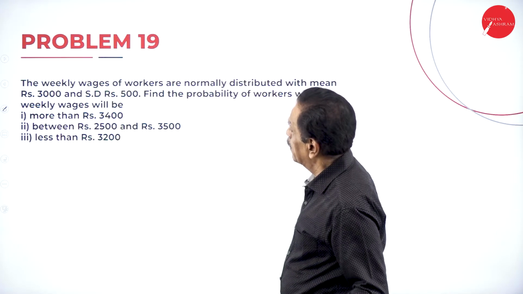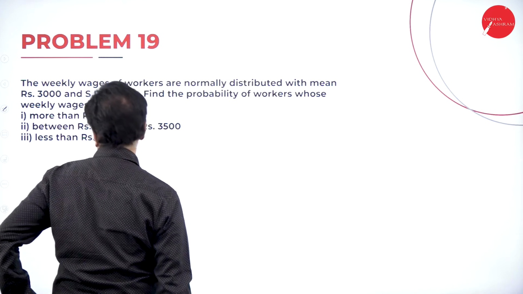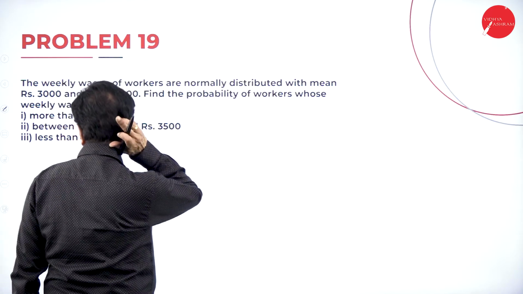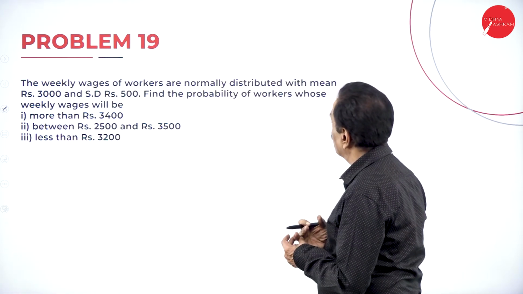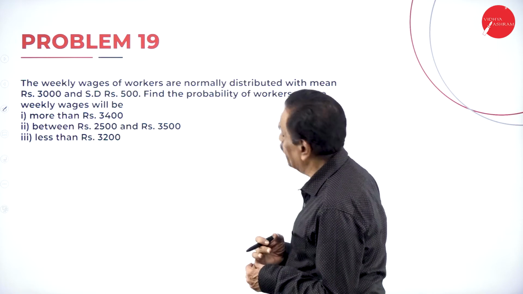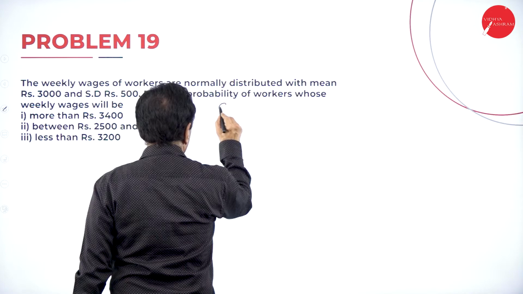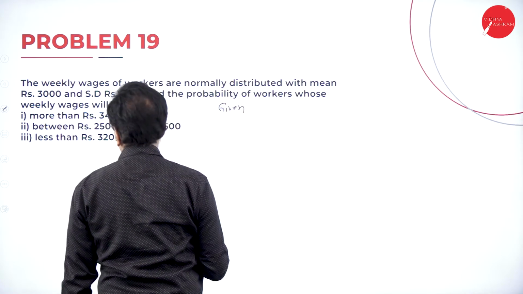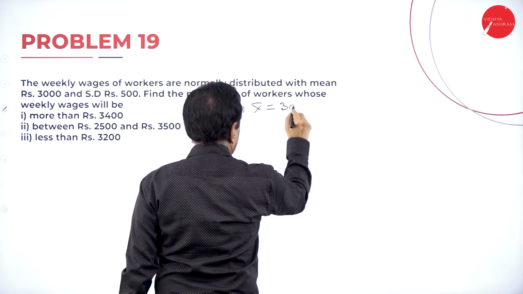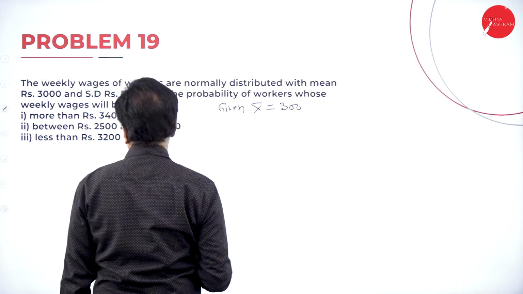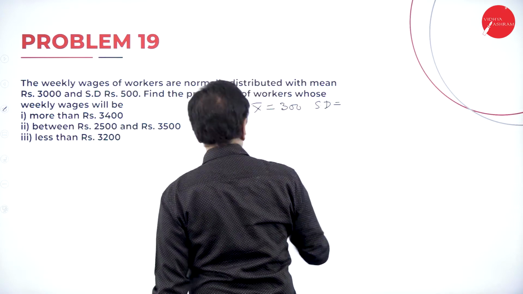Then, the weekly wages of workers are normally distributed with mean rupees 3,000 and standard deviation 500. Find the probability of the workers whose wage will be more than 3,400. Given mean is 3,000 and standard deviation is 500.